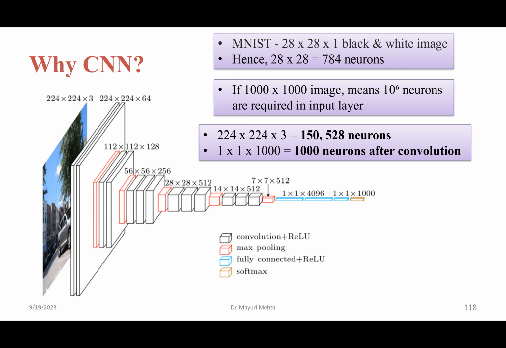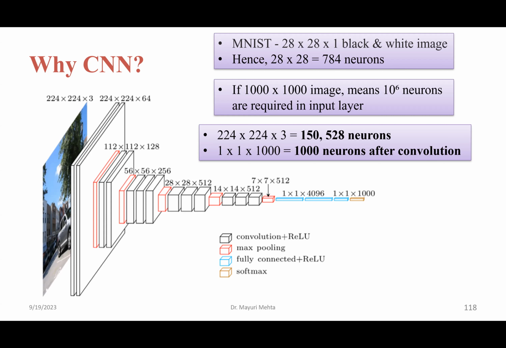Suppose you are working with the MNIST dataset. Now let me tell you first what the MNIST dataset is. The MNIST dataset contains black and white images of handwritten characters. It is a very standard dataset.